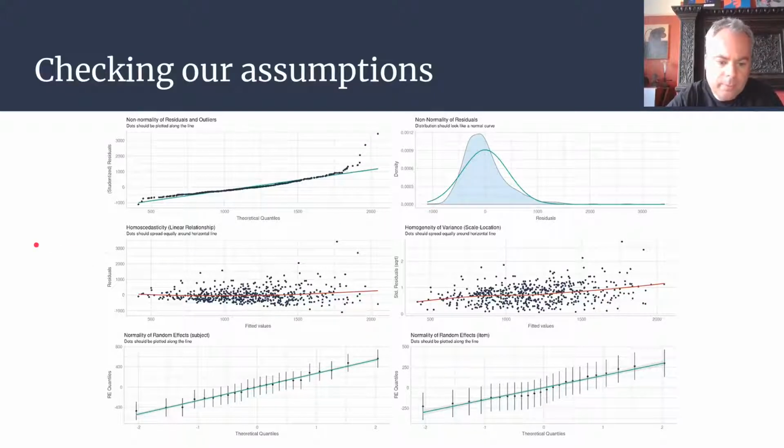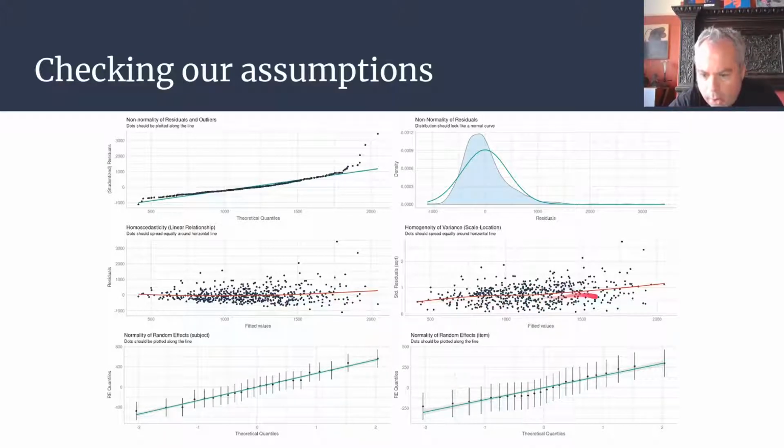Another assumption is homoscedasticity. I can never say that word. Where we'd expect to see the dots plotted equally around the red horizontal line. Okay, so that tells us about the linear relationship. That looks pretty good there. We'd also expect to see homogeneity of variance, where we'd just see the dots spread equally around the horizontal line.